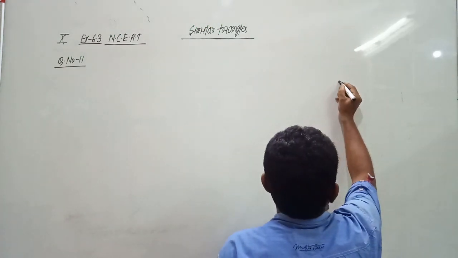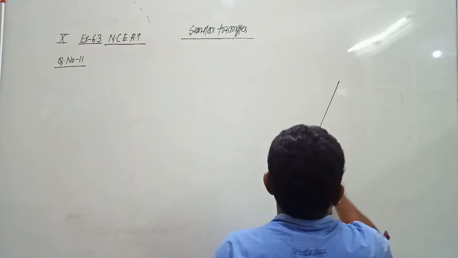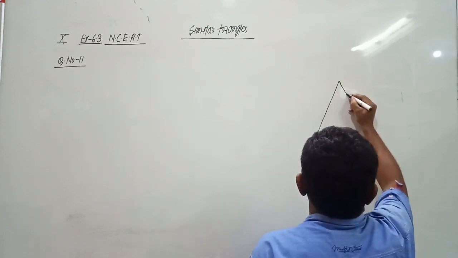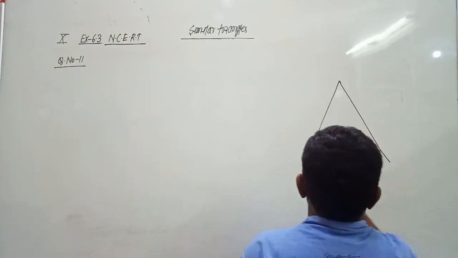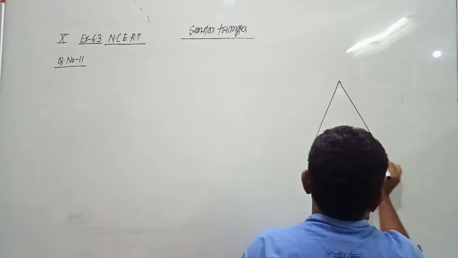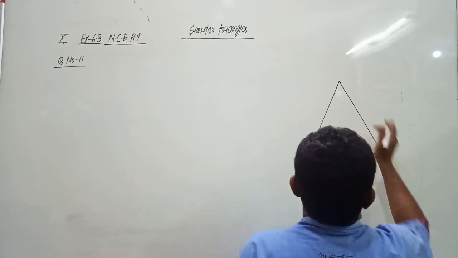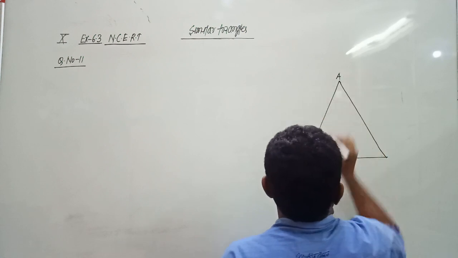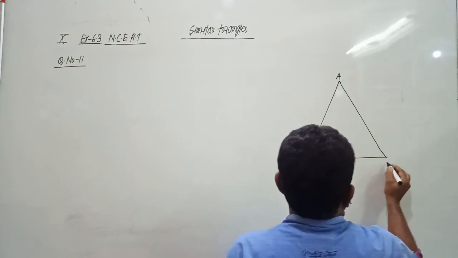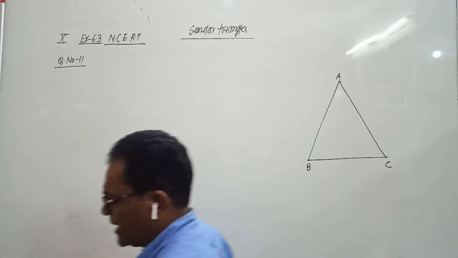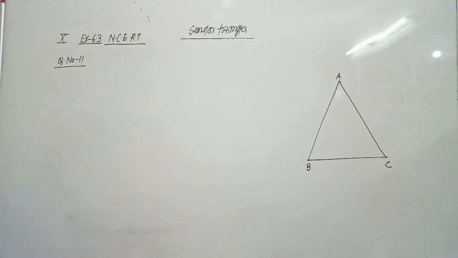There is isosceles triangle ABC at each point on side CB produced.